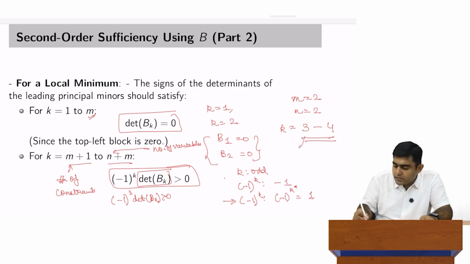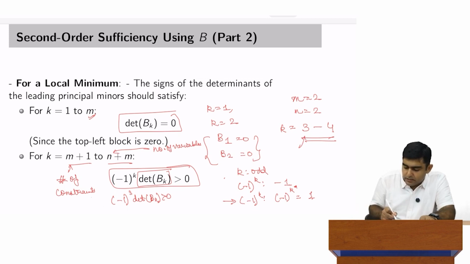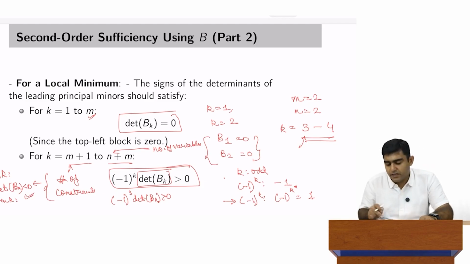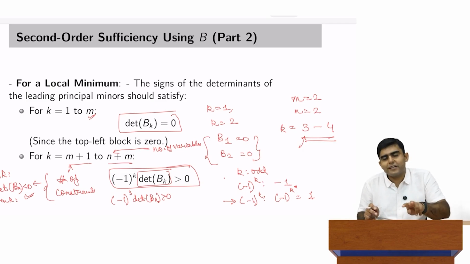So, when we check for odd k, determinant of Bk should be less than 0, and when we check for even k, this determinant should change its sign. Hence, when we look at the product of minus 1 raised to power k and determinant Bk, we would have alternating sign of determinant of Bk, but the overall sign will remain consistent, that is greater than 0.